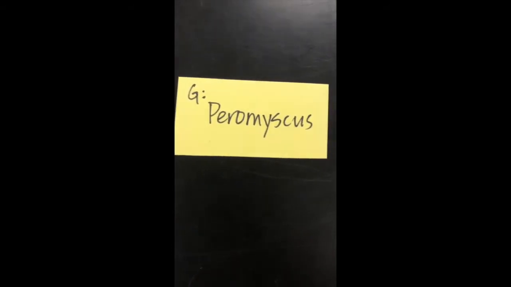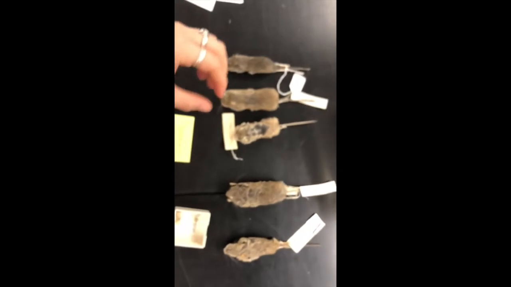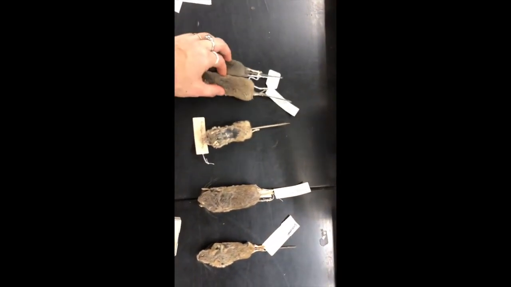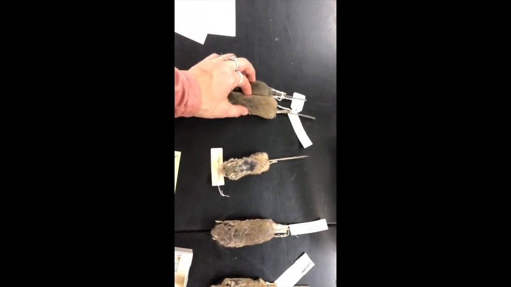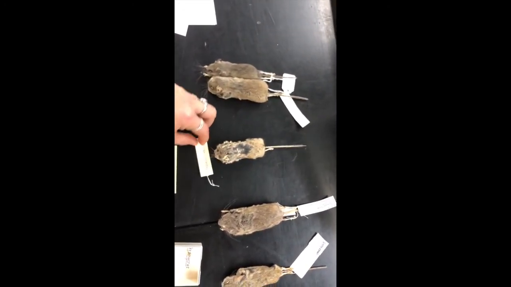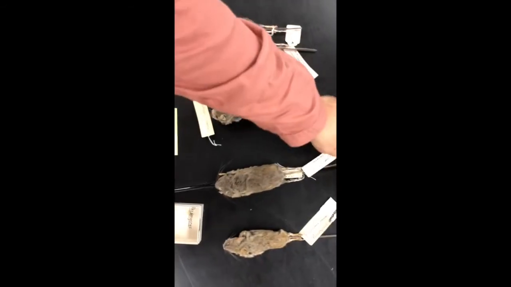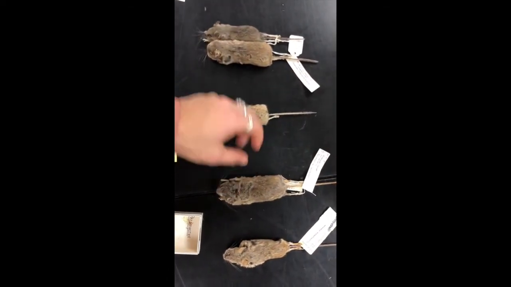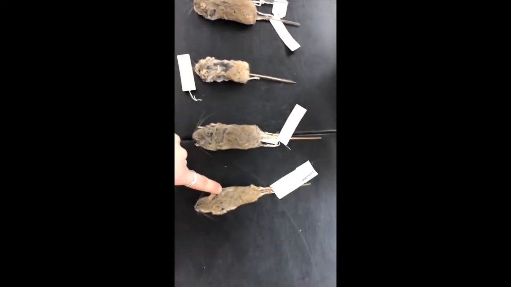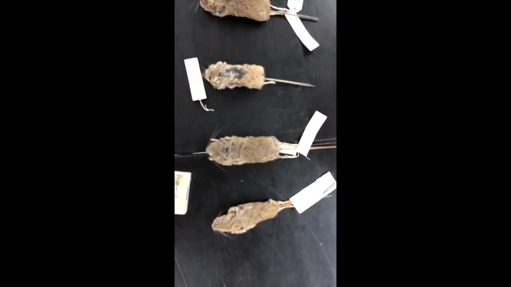And then the next genus that we have in family Cricetidae is Peromyscus. So we have five species for this genus. These two both being maniculatus, this one being crinitus, this is californicus, and then this last one is eremicus.